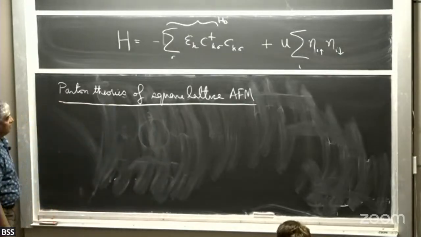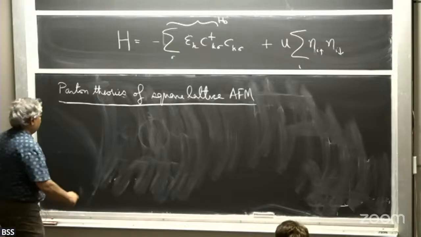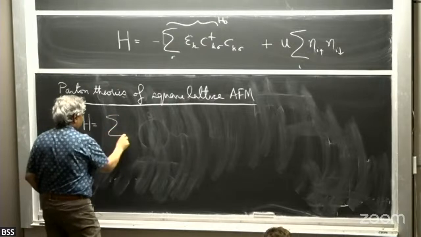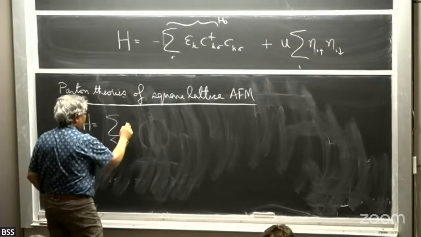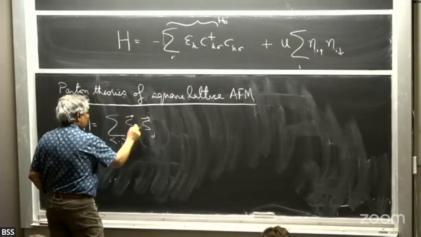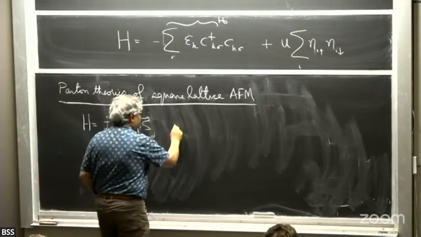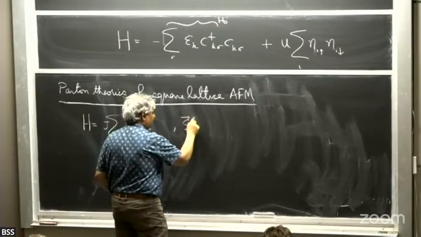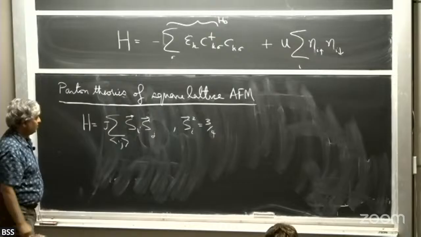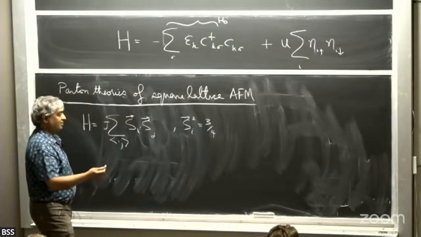Okay. So for the Hamiltonian, just for simplicity, I'll take nearest neighbor interactions J on the square lattice. Here S_i squared is 3/4, so it's a spin 1/2 object with nearest neighbor coupling.